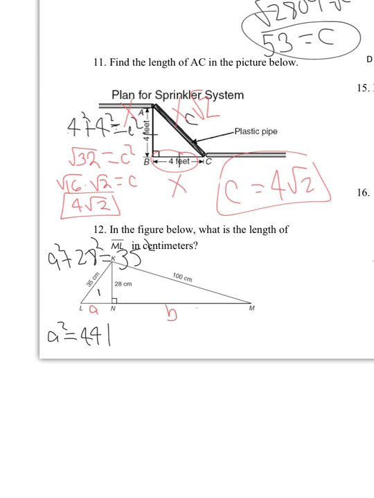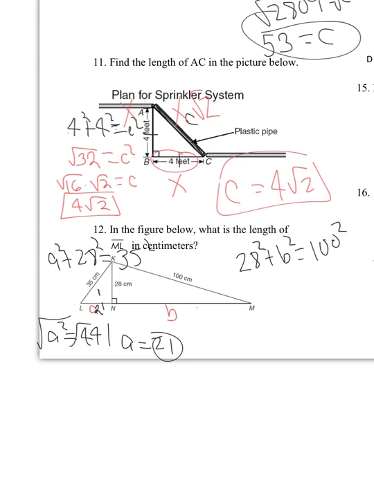I don't believe that square roots to a perfect number, but check. Oh, I was wrong. It does. You square root that, A is 21. So that little piece is 21. Then you come over here for B, and we have 28 squared plus B squared equals 100 squared.